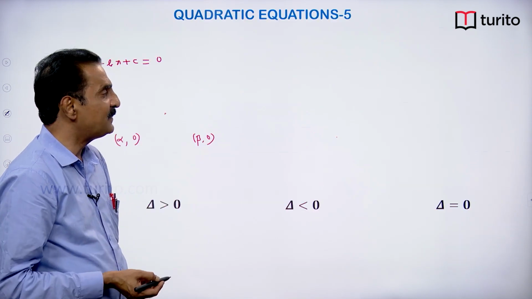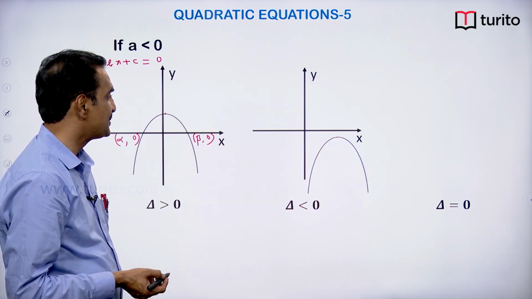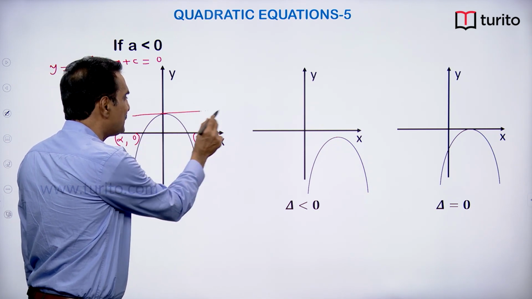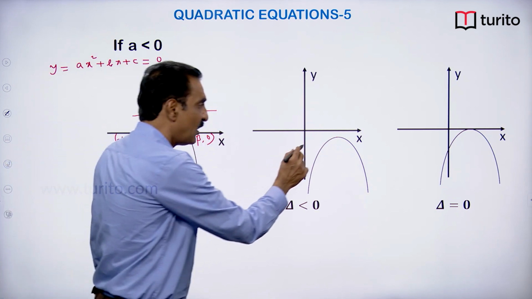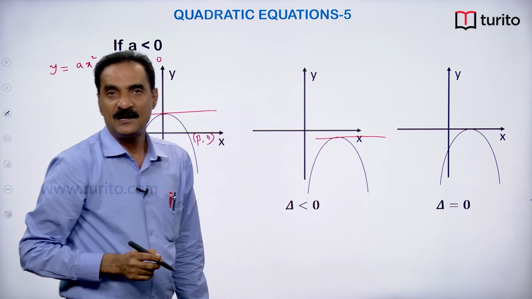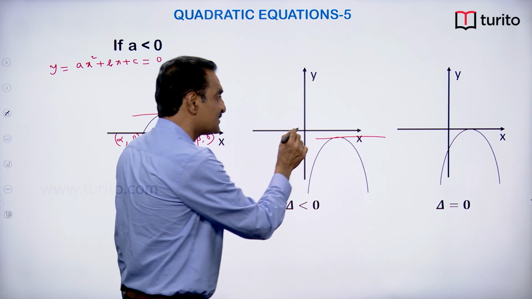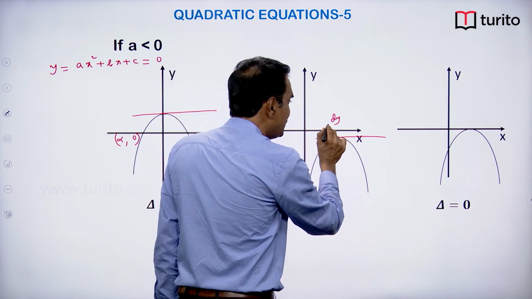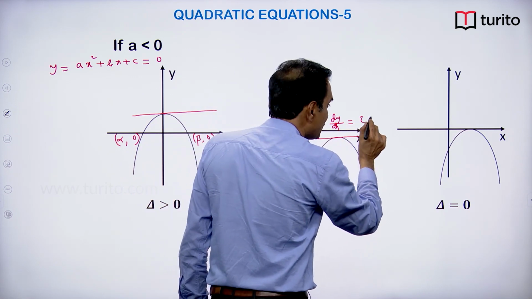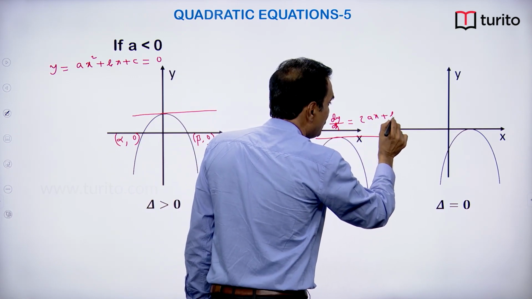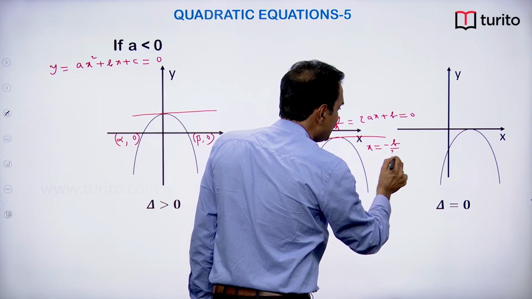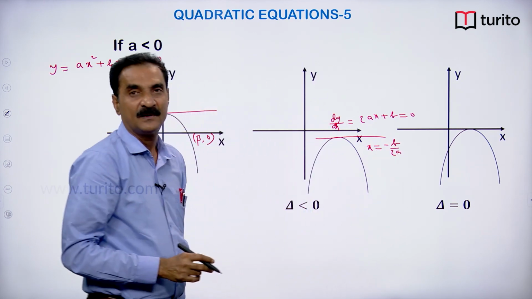Now the same thing can be obtained by differentiation. By differentiation, at this point the tangent will be parallel to the x axis in all the cases. So at the maximum point dy by dx will be 0. If dy by dx, which is 2ax plus b, is 0, we get the x coordinate as minus b by 2a. Same.